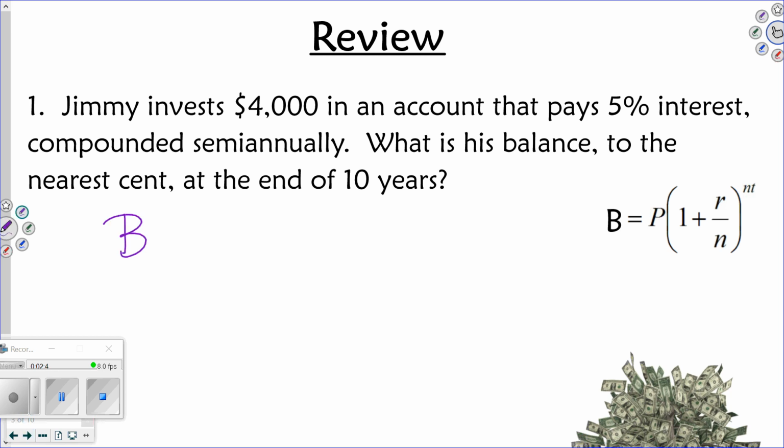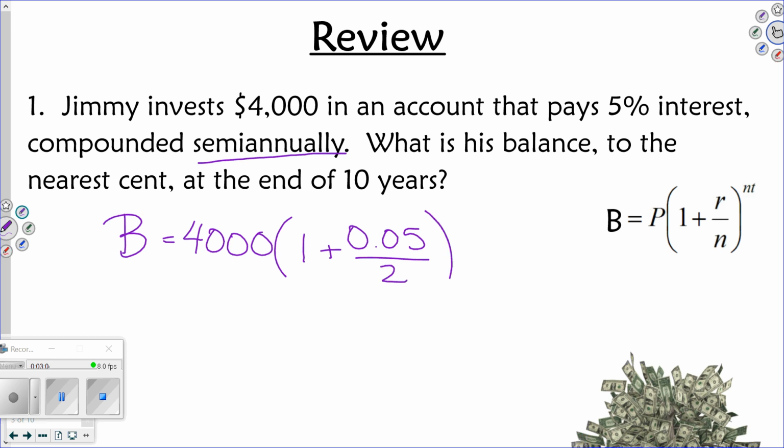So B equals, what is his principal amount? 4,000. 1 plus my rate as a decimal. Good, 0.05, divided by n, meaning how many times is it being compounded? If it's semi-annually, 2, that's twice a year. And then n, which is 2 again, and then the t, time, is 10 years.